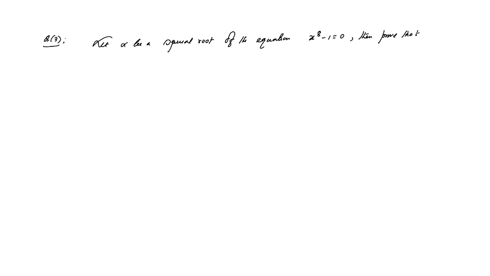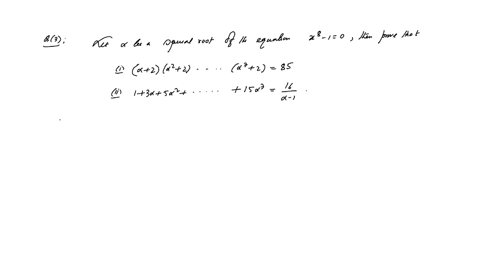Then prove that (alpha plus 2)(alpha square plus 2) up to (alpha to the power 7 plus 2) will be 85, and next (1 plus 3 alpha plus 5 alpha square up to 15 alpha to the power 7) will be 16 by alpha minus 1.